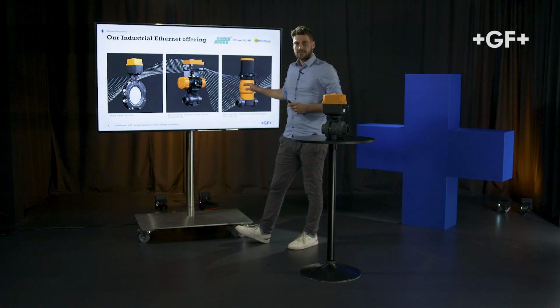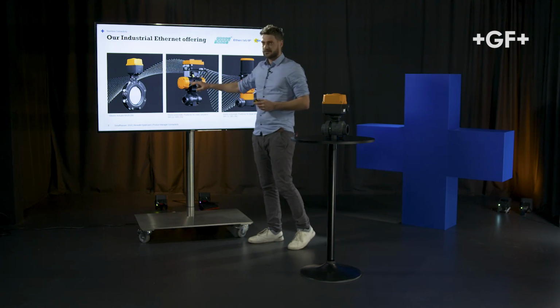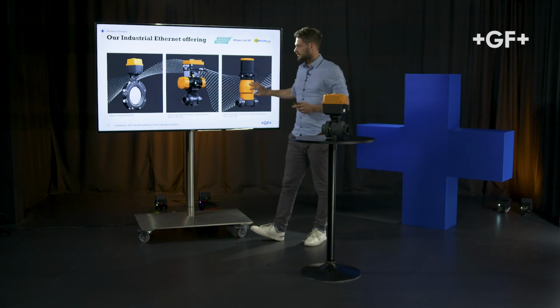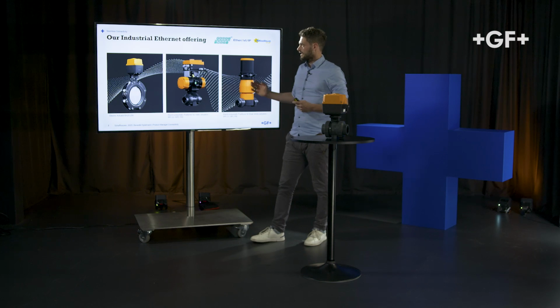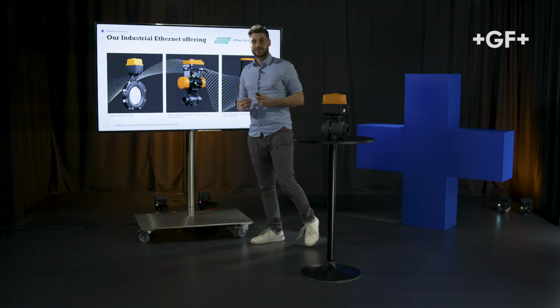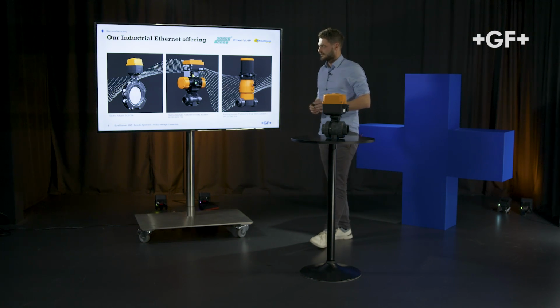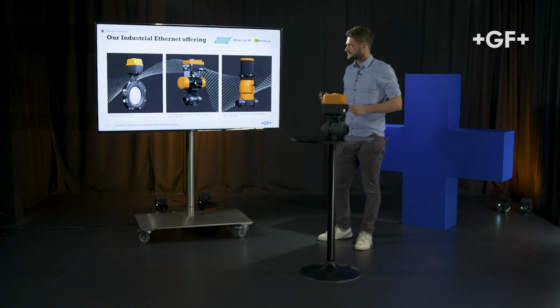But also on the pneumatic side, we have an industrial Ethernet solution. So pneumatic actuators for rotary, but also for stroke valves. You can additionally mount a positioner on top, which is equipped with industrial Ethernet, and by this you can achieve all the advantages that come with those technologies.